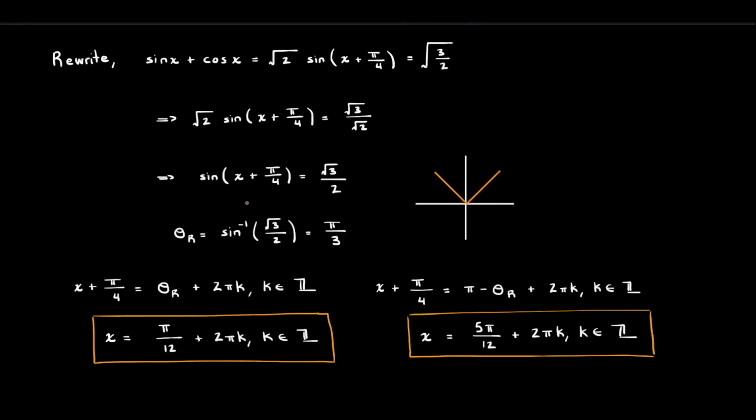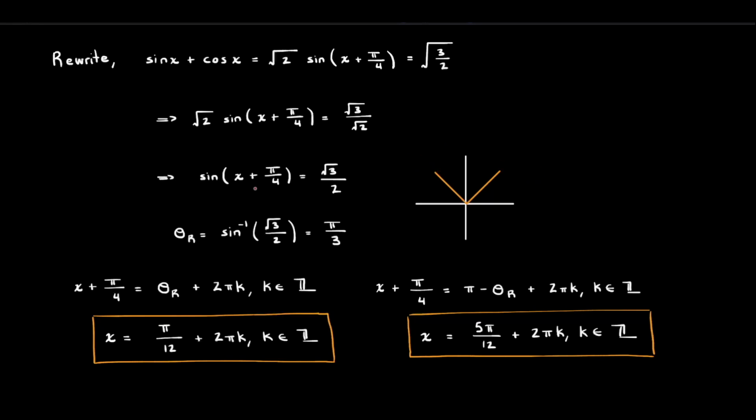And so what we can do is just find the reference angle for sine theta equals square root 3/2. It's a special triangle angle. It's going to be 60 degrees or pi/3 radians. And so one solution is pi/3. The other solution is going to be pi minus pi/3. Pi minus the reference angle.